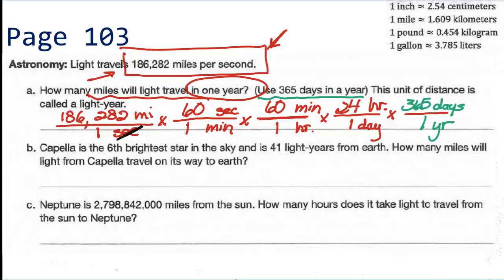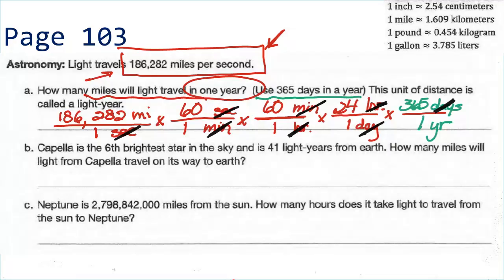All of these units cancel out except for the first one, which is miles per year, and that is telling me how many miles it's going to travel in a year. So I need to take all of these numbers in the numerator and multiply them together. And yes, it's going to be a very, very large number. So 186,282 times 60 times 60 times 24 times 365.